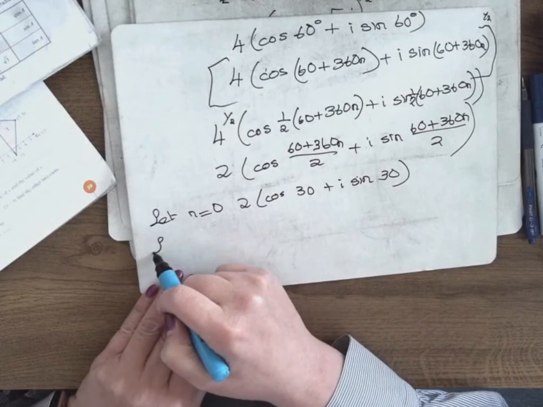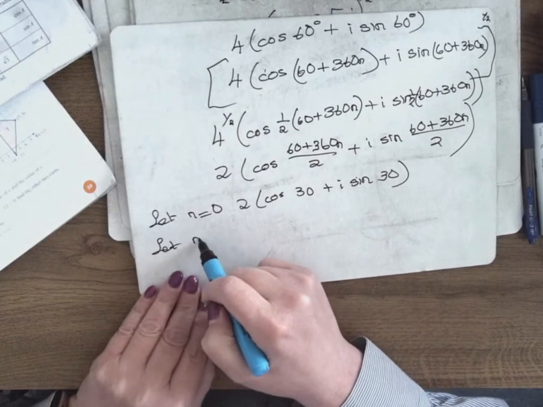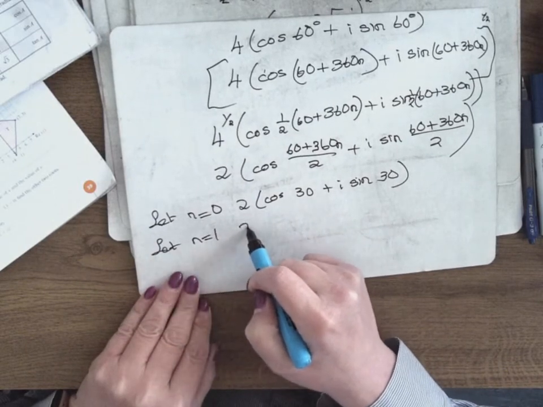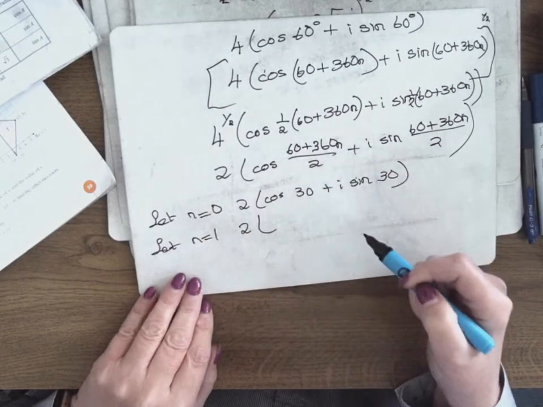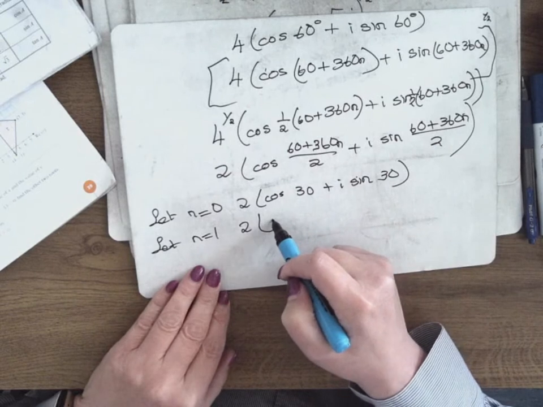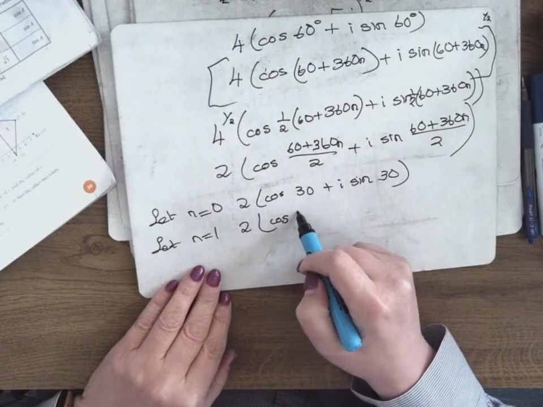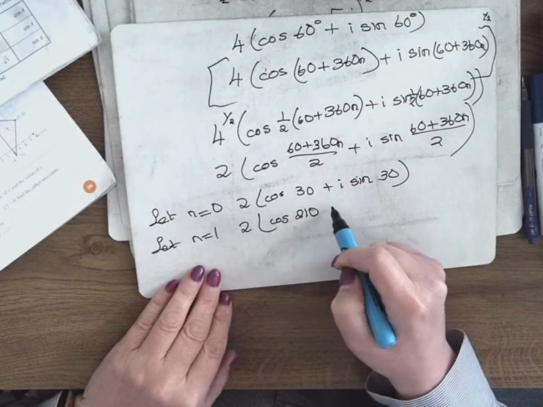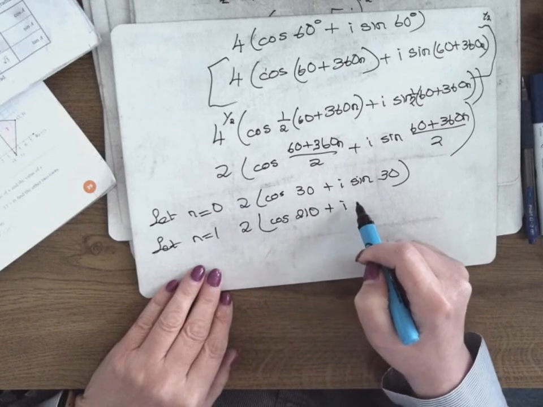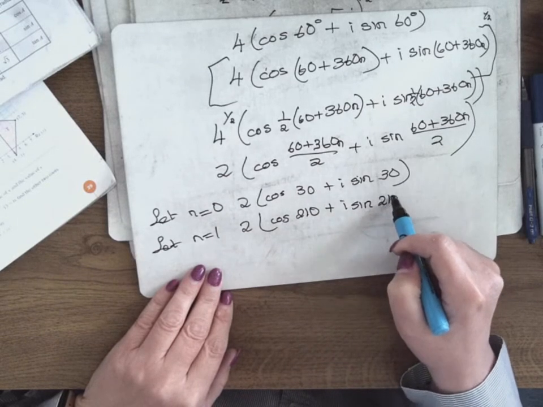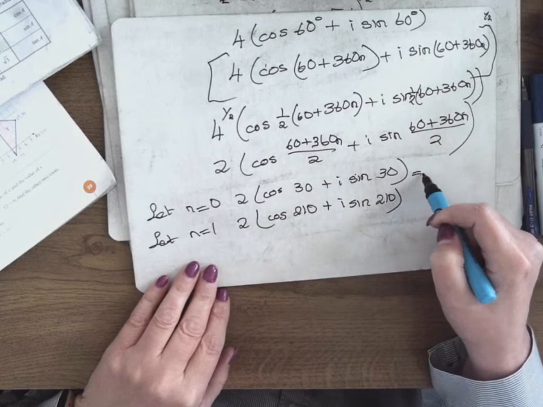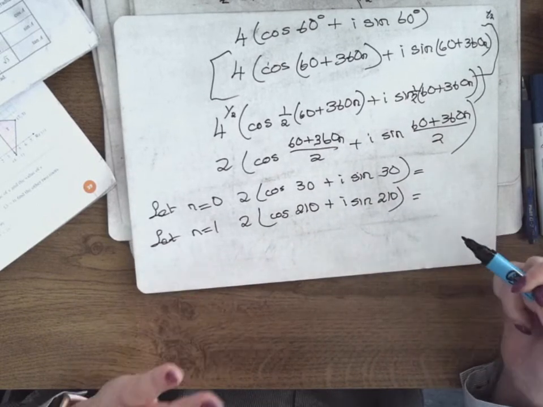And then to get the next answer, you let n equal 1. Everywhere I see an n, put in a 1. So that would be 60 plus 360 times 1, which is 420, divided by 2 is 210. i sine 210, and then you change them back to rectangular or Cartesian form.